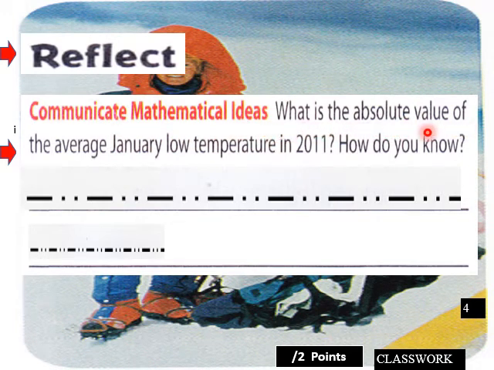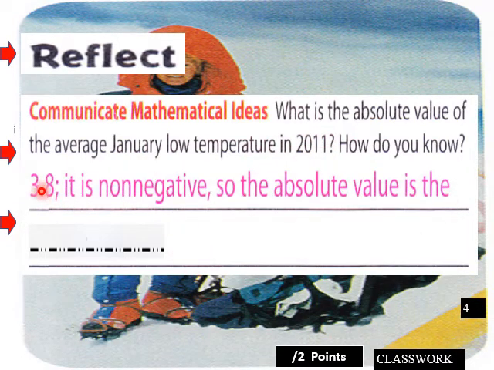What is the absolute value of the average January low temperature in 2011? How do you know? If you go back to the table, you will find that the average January low in 2011 was 3.8.